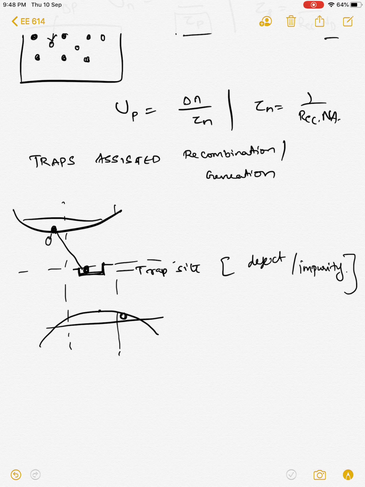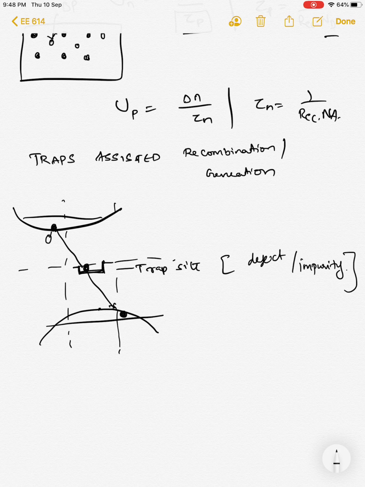Now this electron can recombine with the hole, because the intermediate step allows you to bridge the gap in the k vector. So the trap site, which was in between, helped to annihilate an electron in the conduction band and a hole in the valence band, and it gets back to its original state.